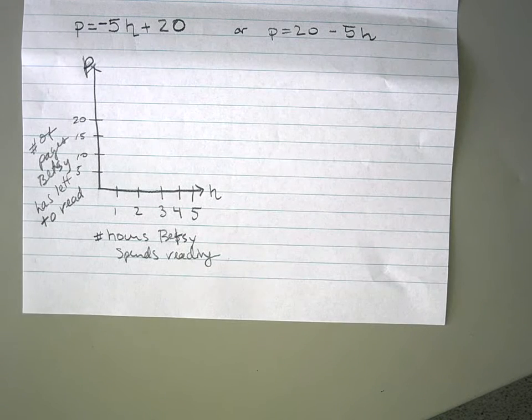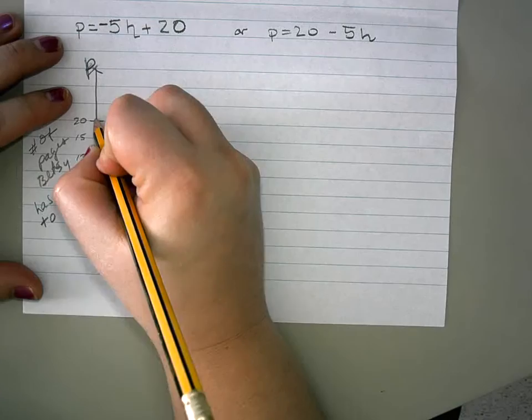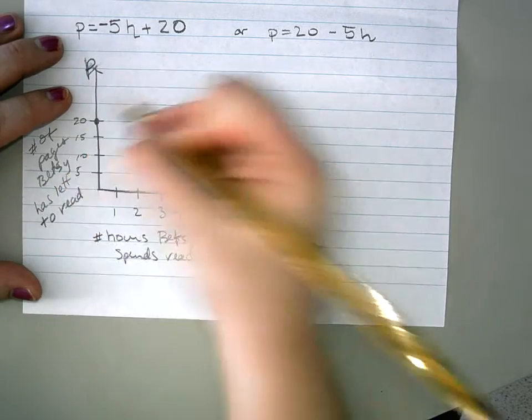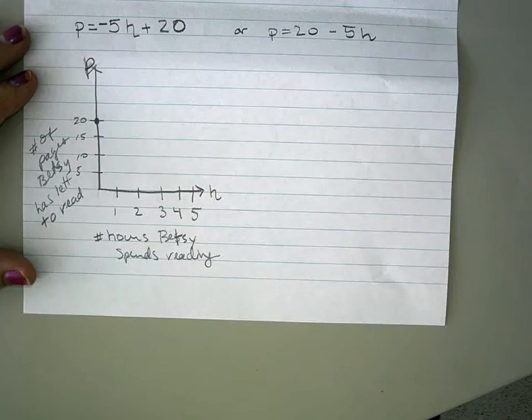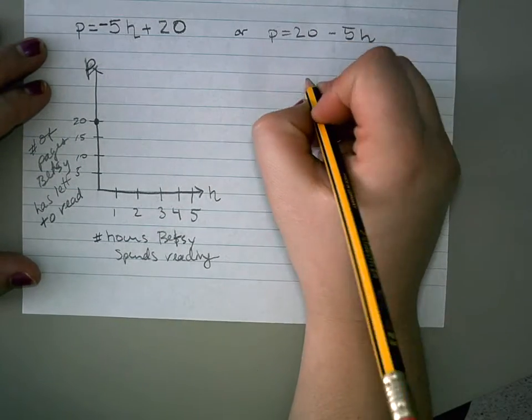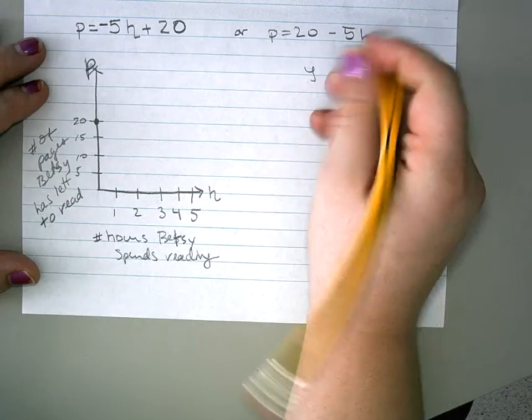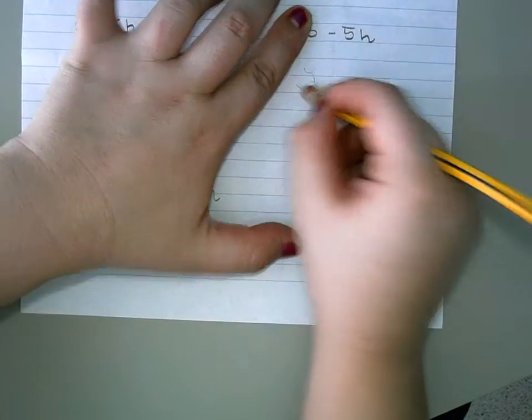And in this situation, all three are important. First, the y-intercept is where she started reading. She had that many pages left, okay? So I'm going to define the, and in this case it's not the y-intercept, is it?